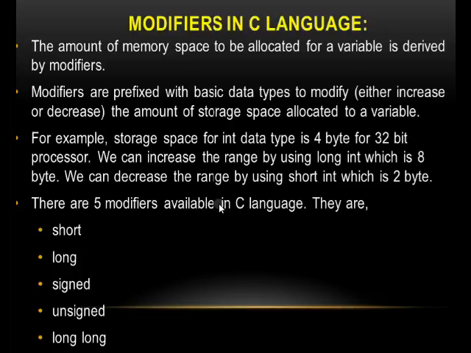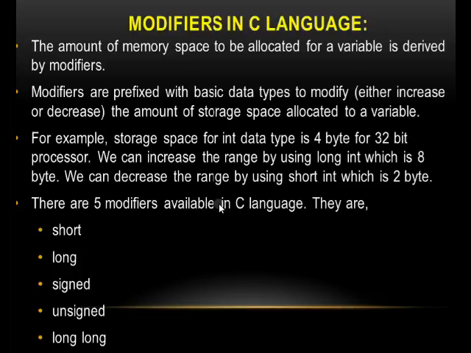Next, long. This can be used to increase the size of the current data type to more bytes. This can be applied to both int and double data types. Next is signed.